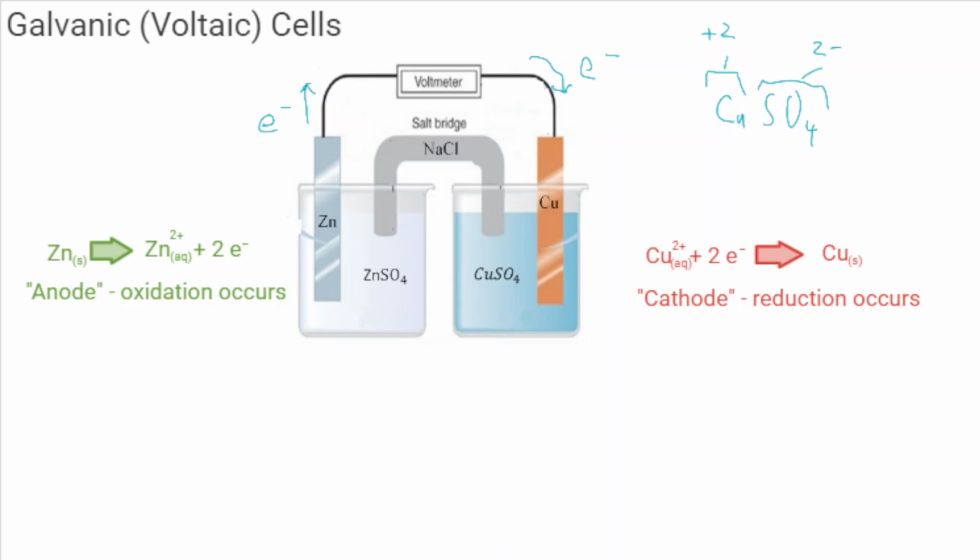So to break this down a little bit more, basically what is going on is at the anode, we're going to have zinc 2 plus being produced. So our solid zinc is going to turn into zinc 2 plus, aqueous, and what's going to occur is we are going to start to have that solid slowly disappear.